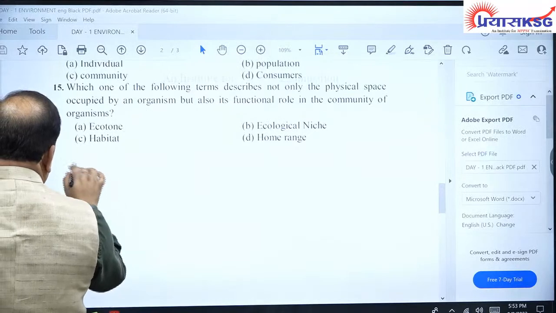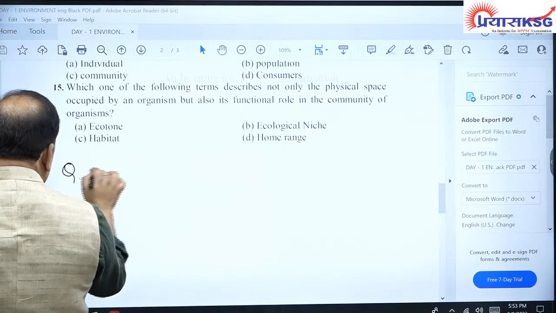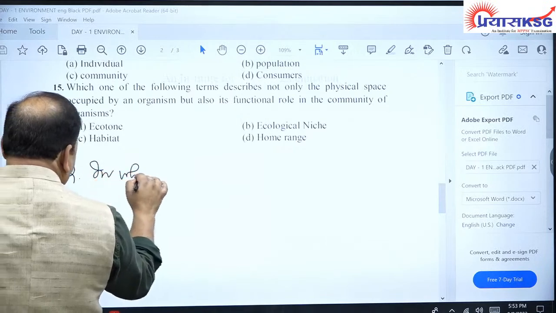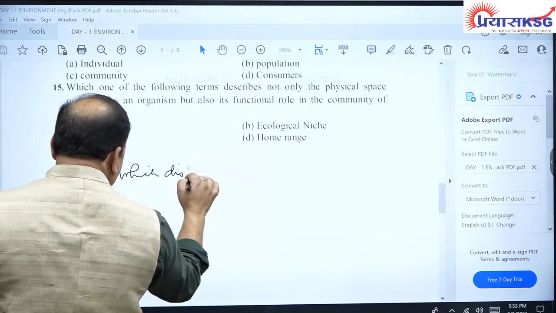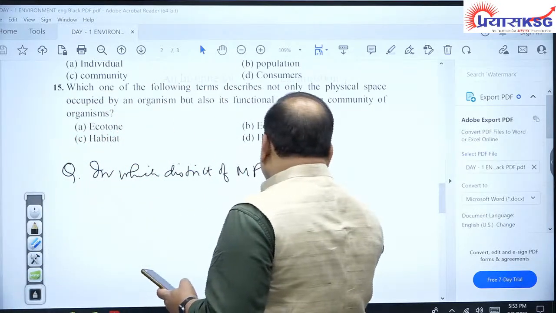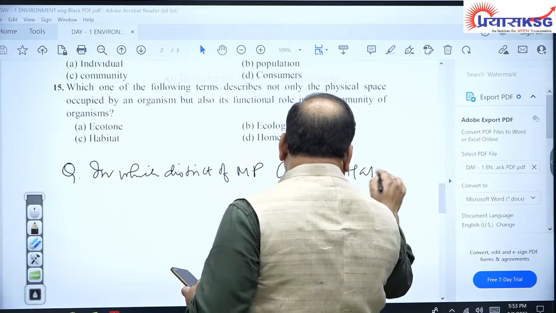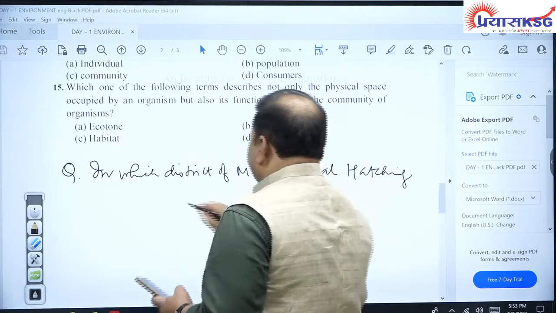And suppose I frame a question like that: in which district of Madhya Pradesh has the Ghadial hatching and breeding center been established?